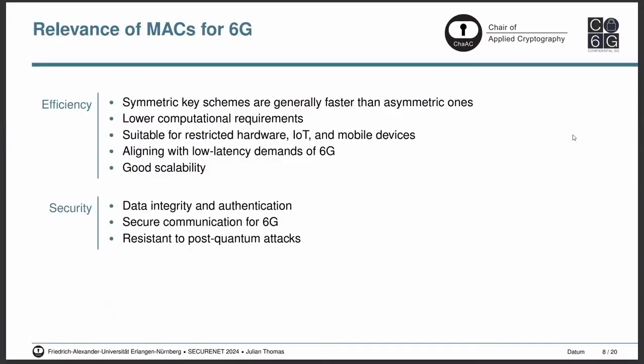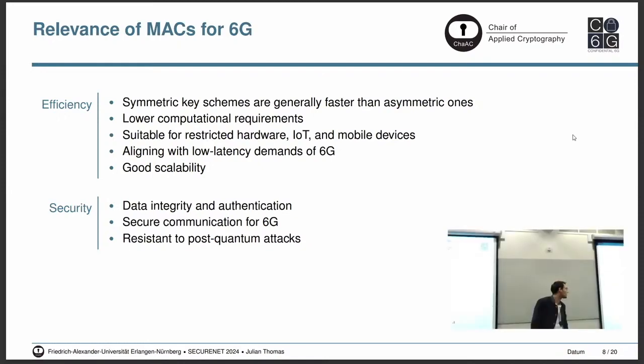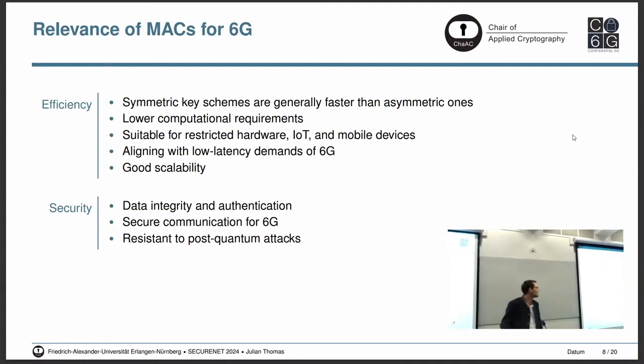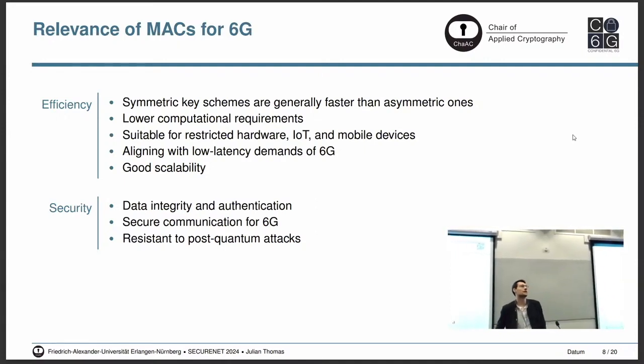Okay, and our relevance for 6G, let's talk about that. Of course, symmetric key schemes are generally faster than asymmetric ones, which is good for a lot of environments with restricted hardware, like IoT devices or mobile devices, which is a very big point in confidential 6G.